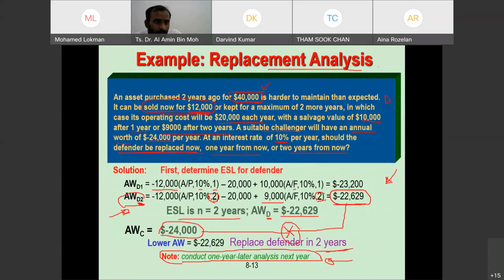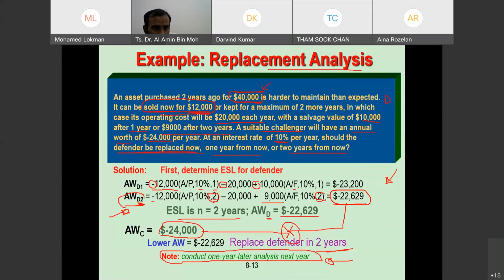So now here, if we check, we still put negative for the cost, and for the salvage value it is positive, right? So we still maintain the positive and negative signs. So this is the cost, 12,000. What is 12,000?